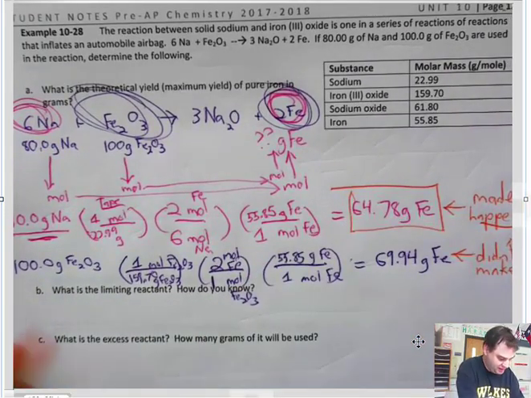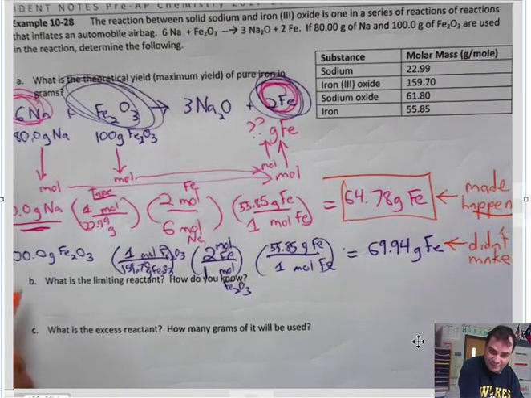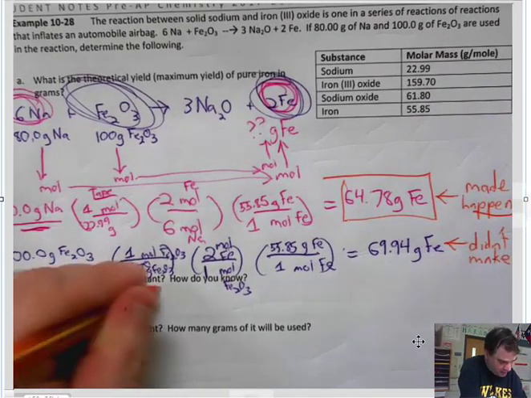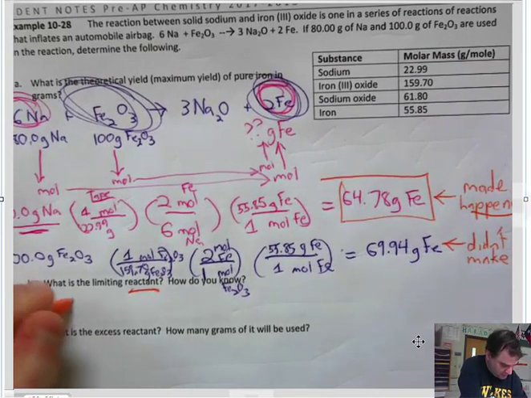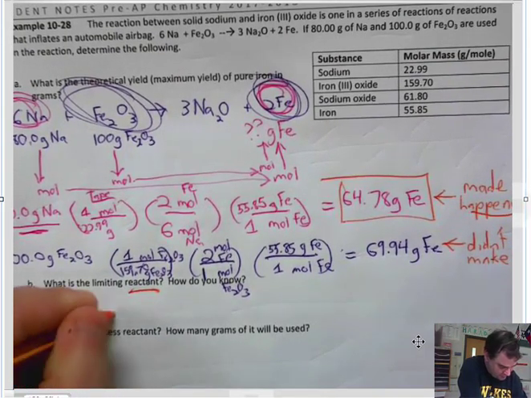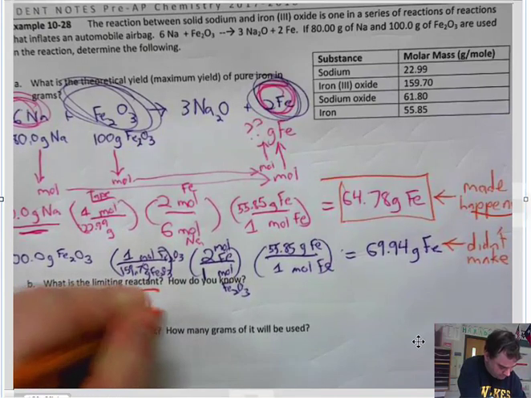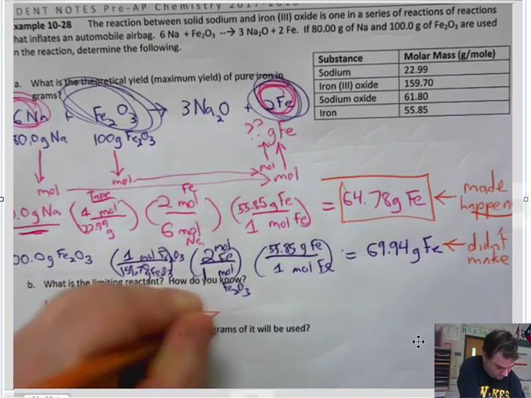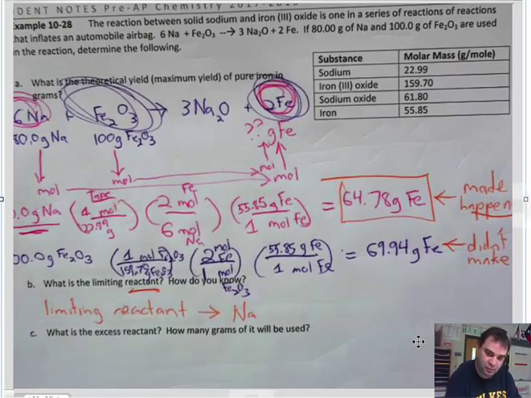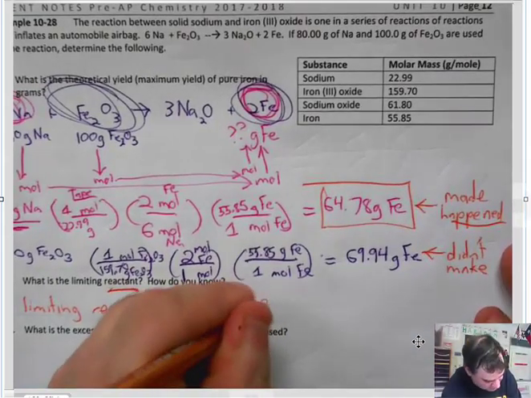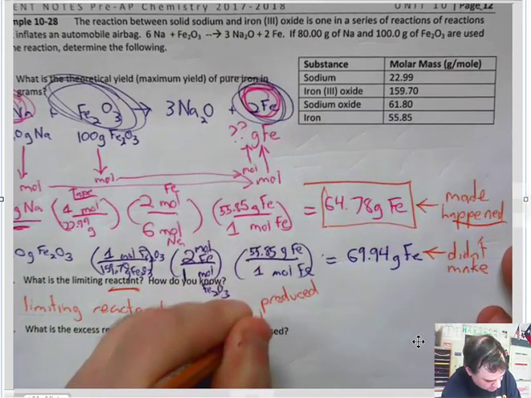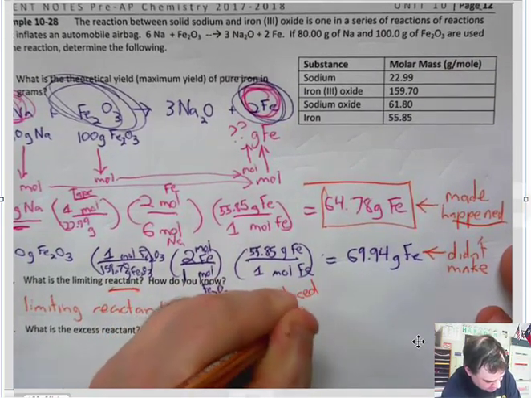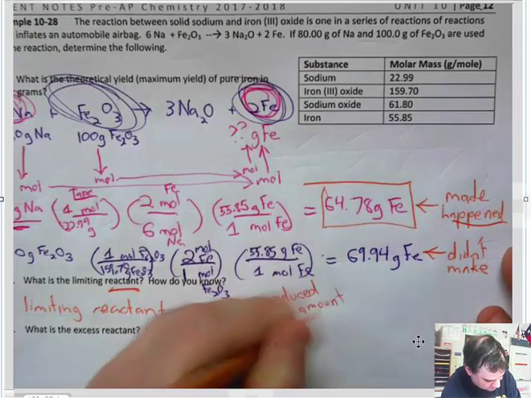So the limiting reactant on this one here would be, remember, the reactants are what you start off with, so the limiting reactant is sodium. It produced the lower amount of product.